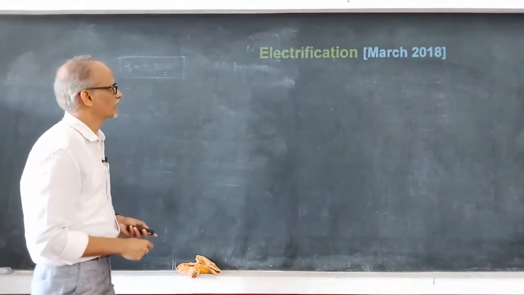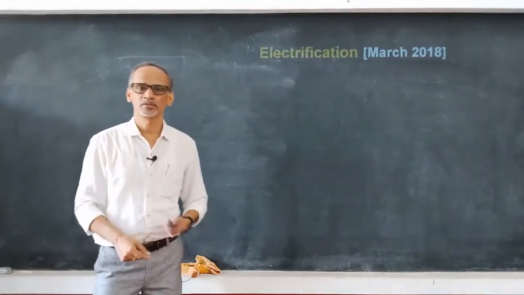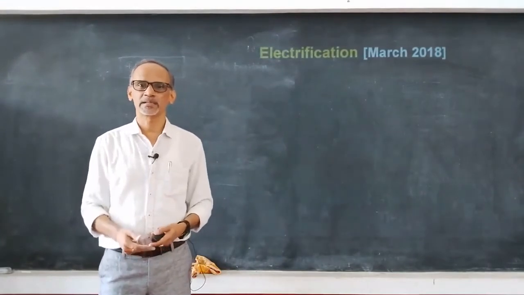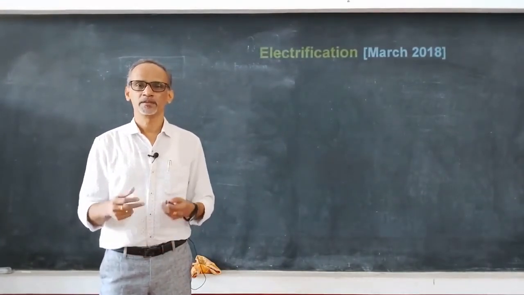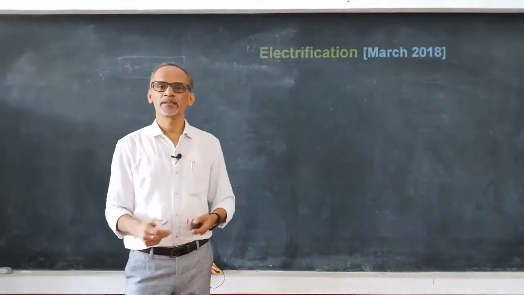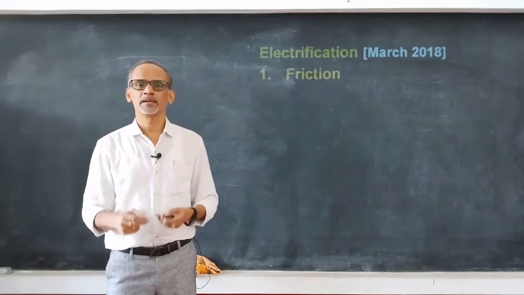Electrification, again a question from the examination. What is electrification? The method of charging a body is called electrification. There are 3 methods by which one can charge a body. The first one is electrification by friction.